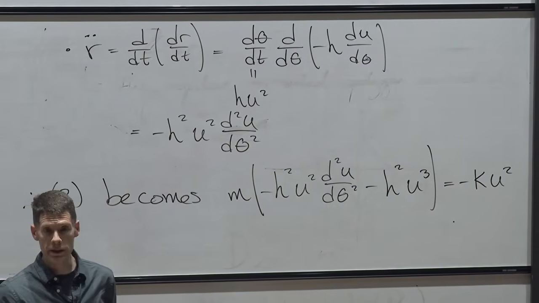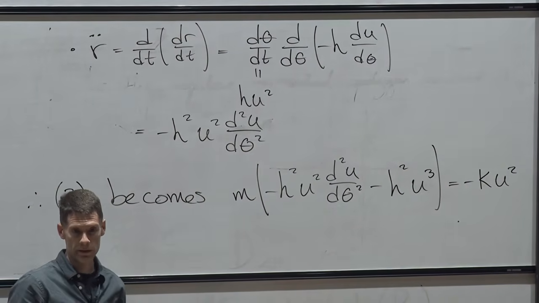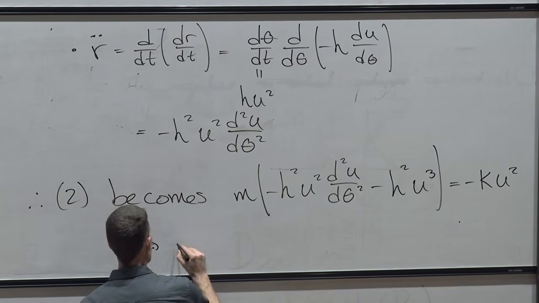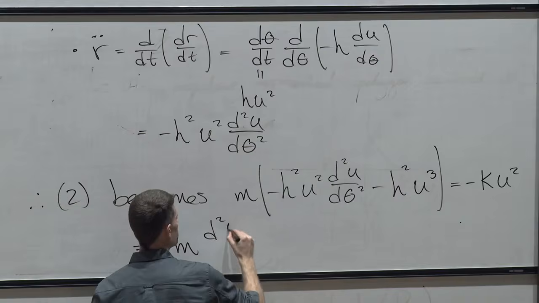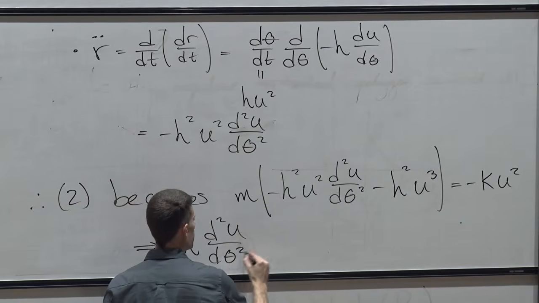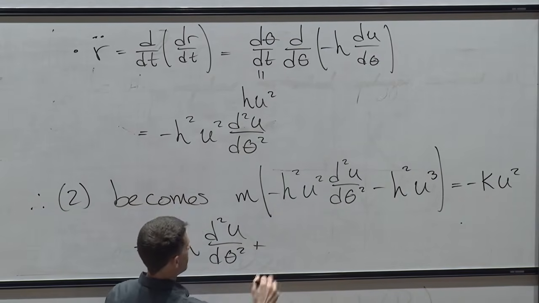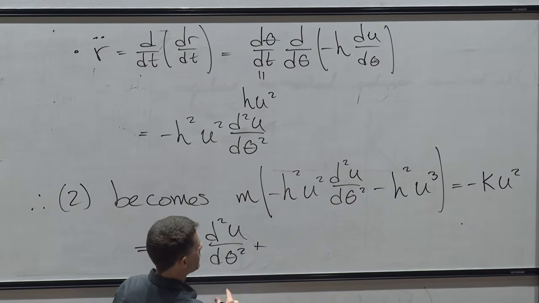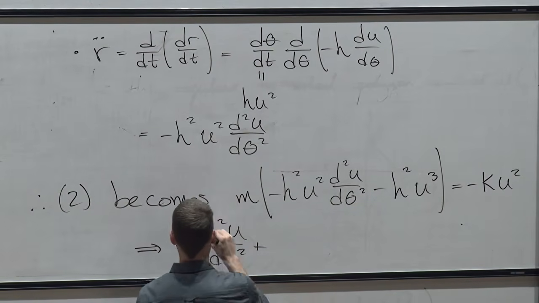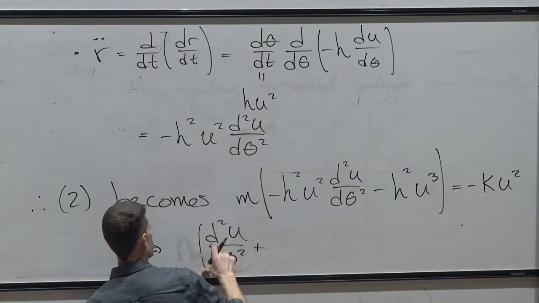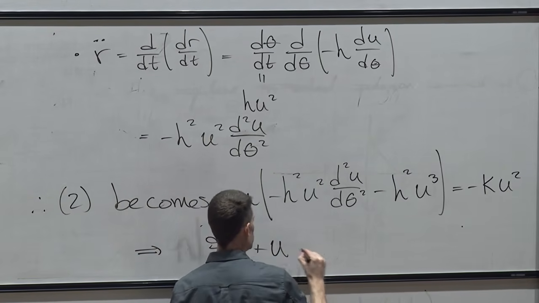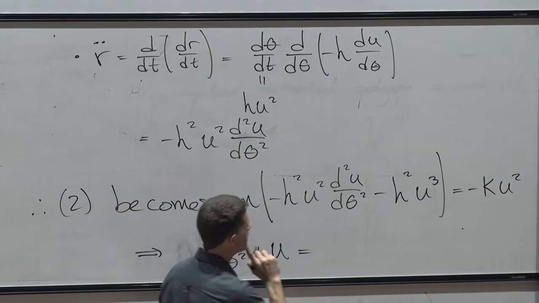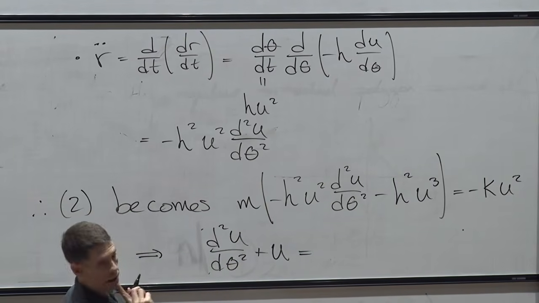And that's lovely because I can cancel out a u squared from everything, and I'm left with a very manageable equation: m d squared u d theta squared plus u equals k over h squared.